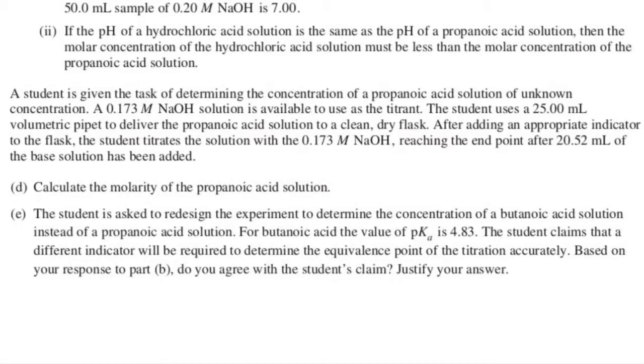The student uses a 25 milliliter volumetric pipette to deliver the propanoic acid solution to a clean, dry flask, and after adding an appropriate indicator to the flask, the student titrates the solution with the 0.173 molar NaOH, reaching the endpoint after 20.52 milliliters of the base solution has been added.